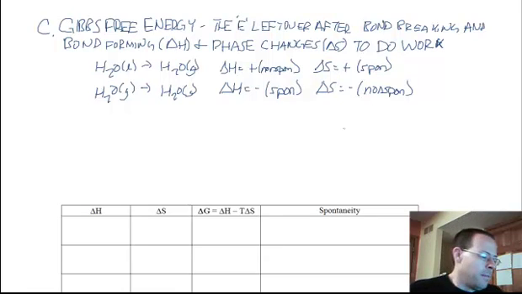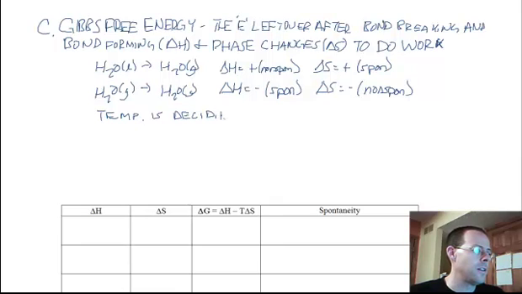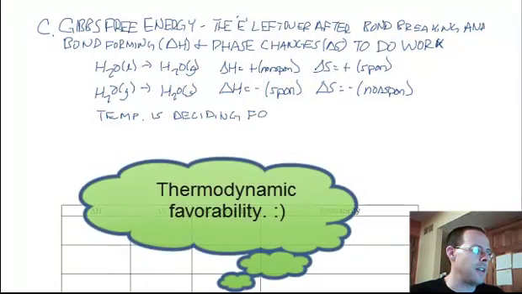So, because these two things are competing against each other, there is something we have to take into consideration whenever we calculate Gibbs free energy. And really, temperature plays the ultimate deciding factor. So we might say just temperature is deciding factor for spontaneity.